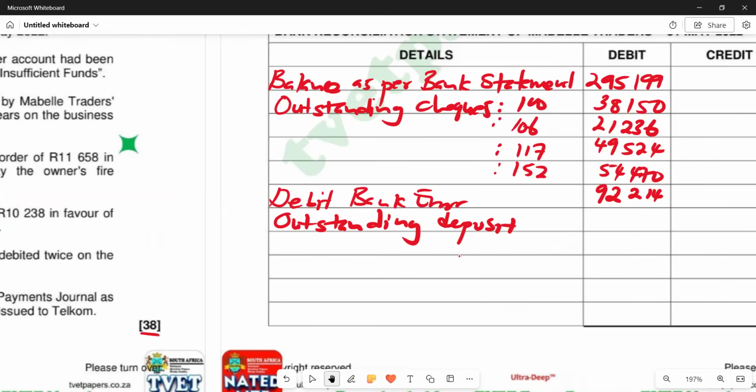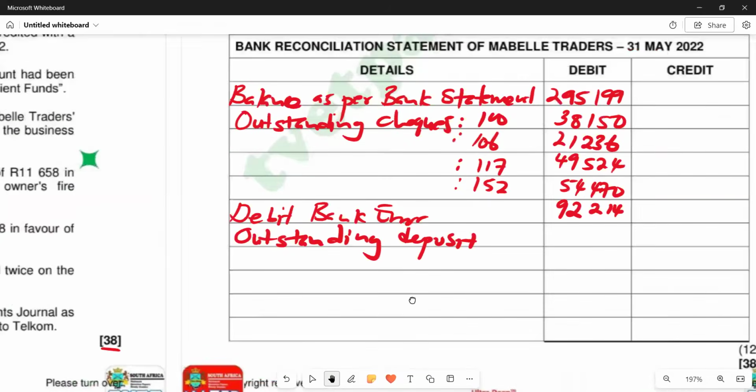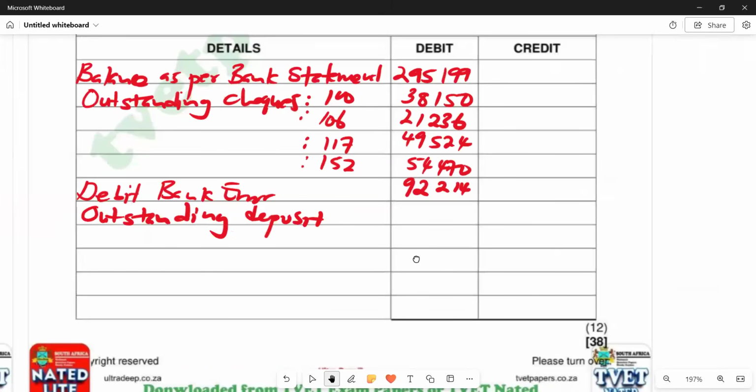And whenever it's a deposit, it should be on the credit side. Remember, whenever money is deposited in our account, it is credited on the bank statement. So we go to the credit side and say 370,560.